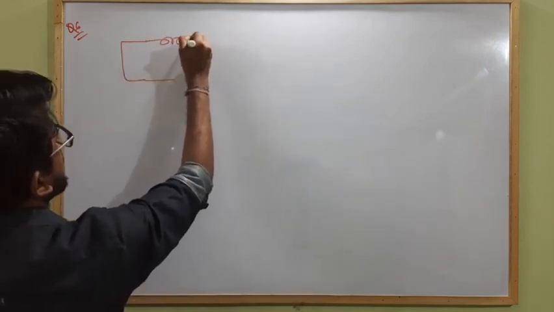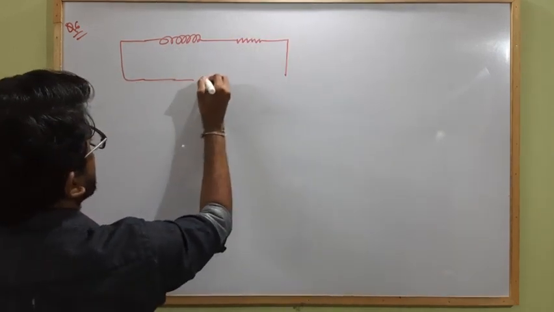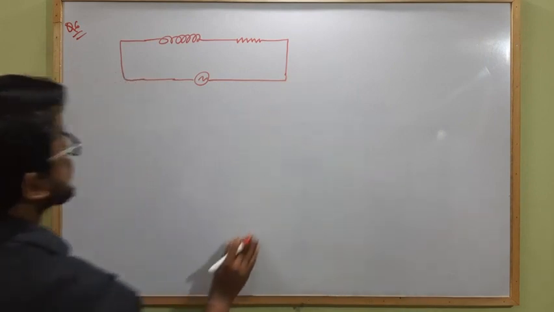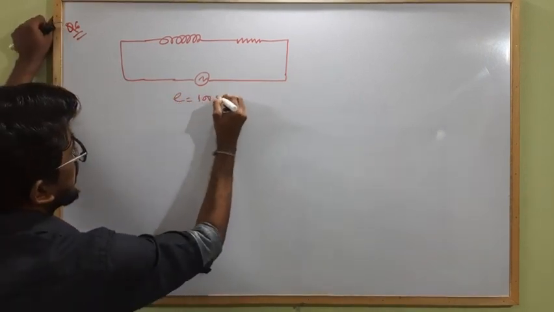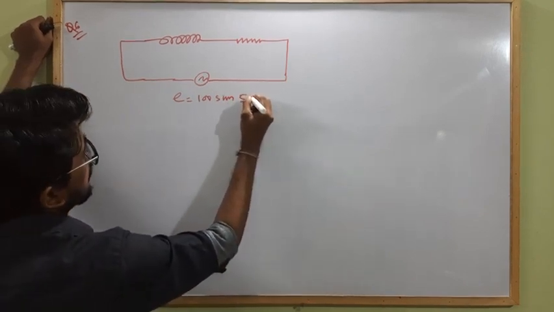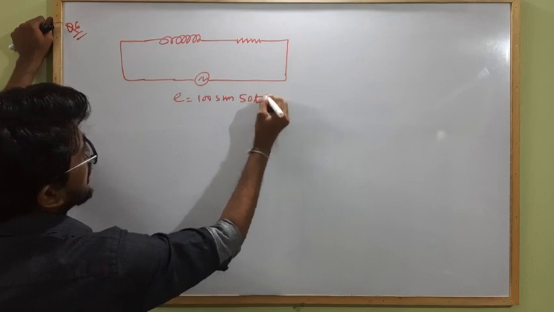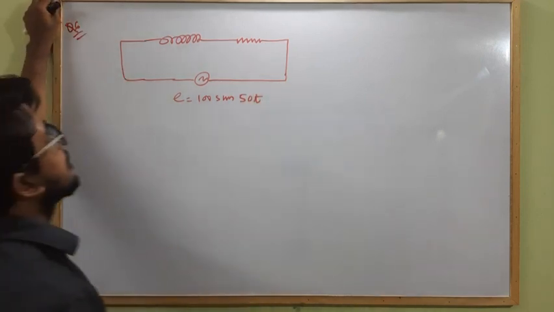There is an inductor and a resistor connected across an alternating source of EMF E equal to 100 sin 50 t.